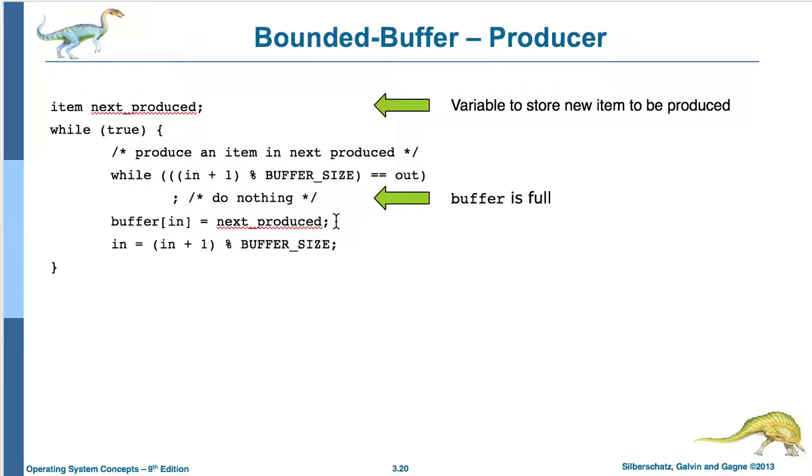You move on to the next statement here, where you populate the buffer with the next produced item, and then finally you increment the pointer for the next free position in the buffer. Okay, and the percent buffer size is mod buffer size because we have a circular array. All right, so this is what the producer's code looks like.